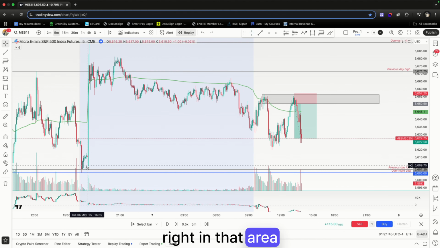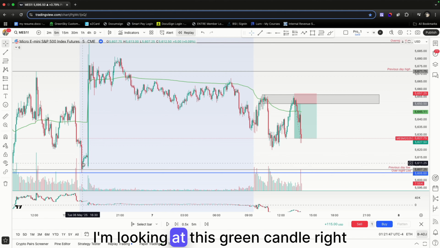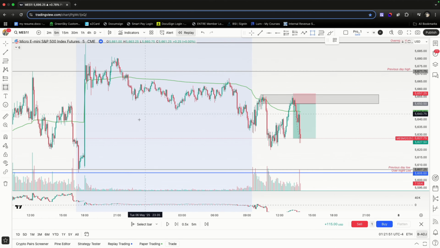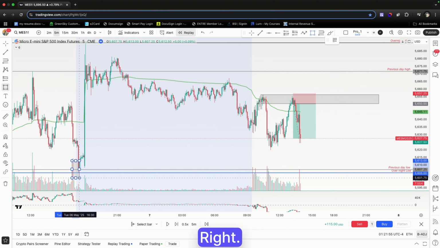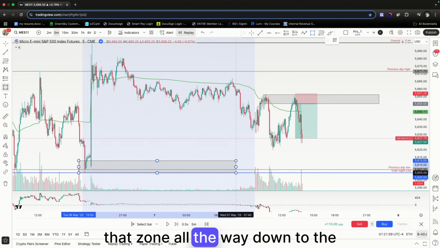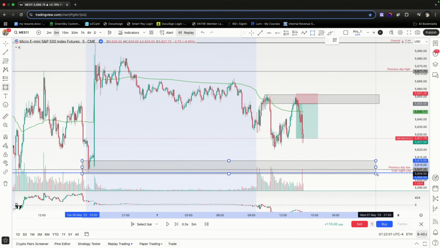Right in that area, I'm looking at this green candle right here to use as demand, right? And we want to extend that zone all the way down to the previous low, right?